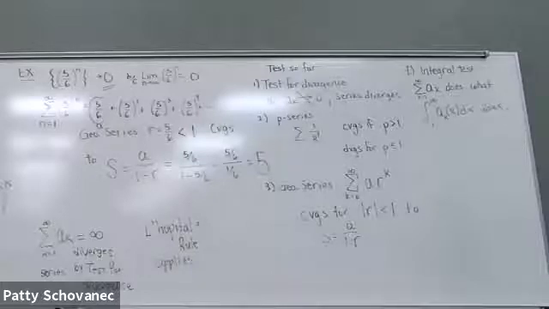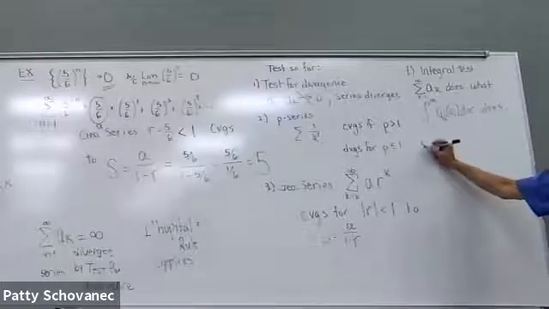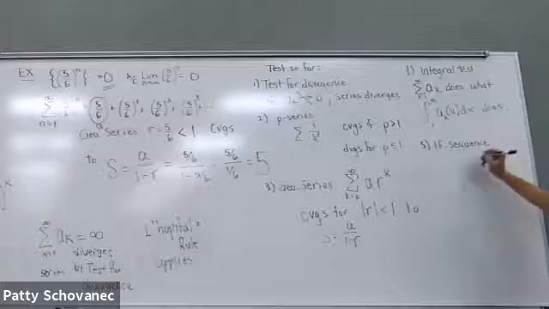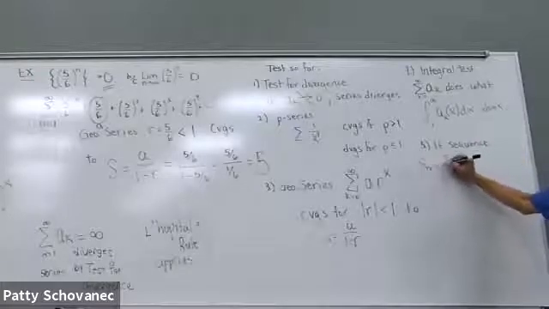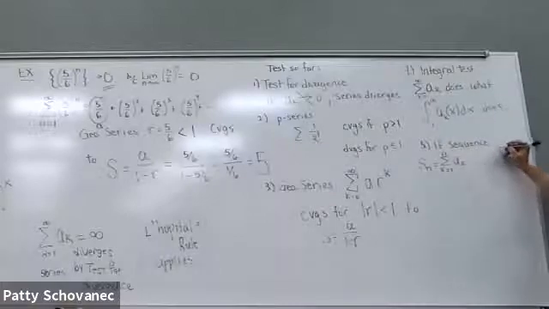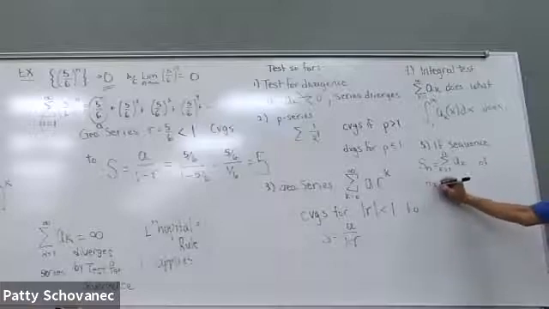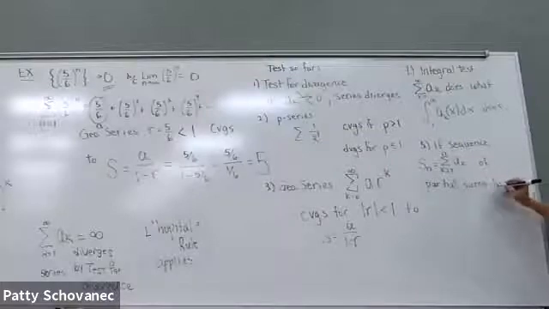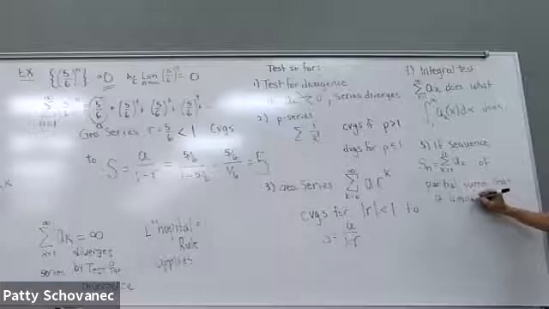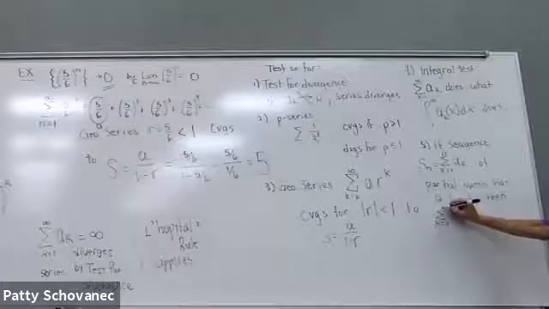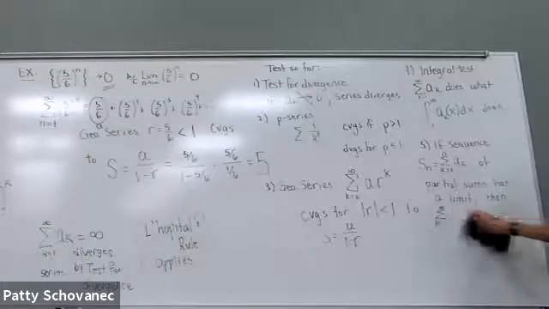And if none of these tests apply, the only other thing we have is to look at the sequence of partial sums. If the sequence S_n, which is just the sum from k equals 1 to n of the a_k terms, has a limit, then the series converges to that limit.